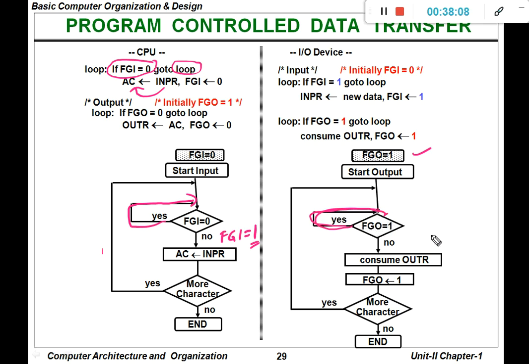Whenever the FGO value becomes 0, that is, whenever the permission comes to consume the content in the output register, it is going to consume the content in the output register and set the FGO flag to 1, and then it is going to go for the next character.